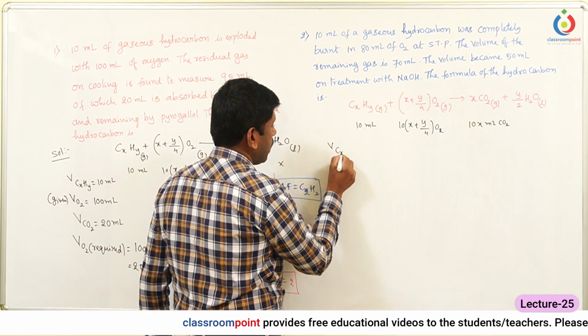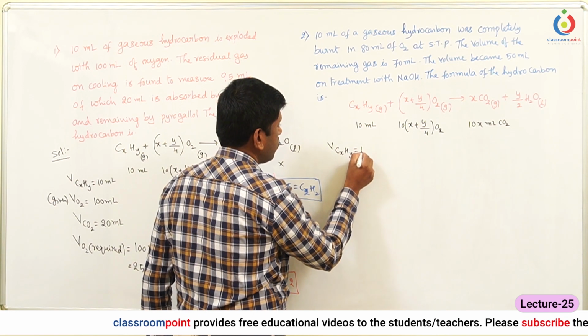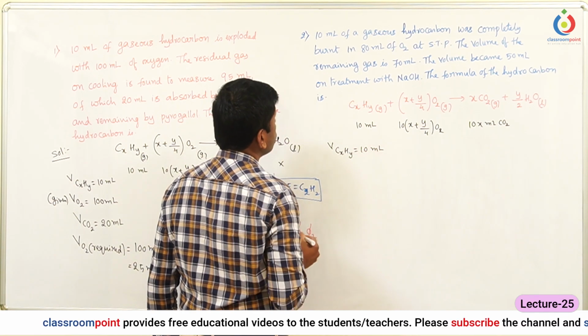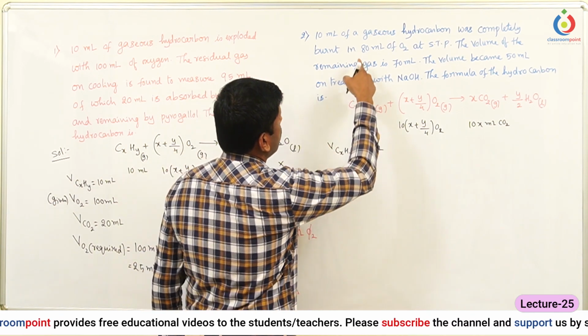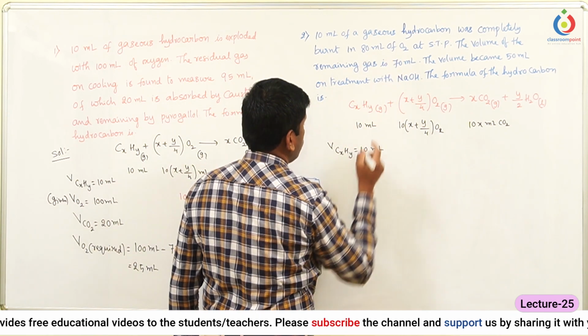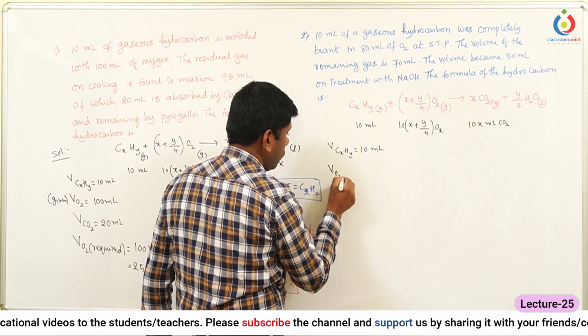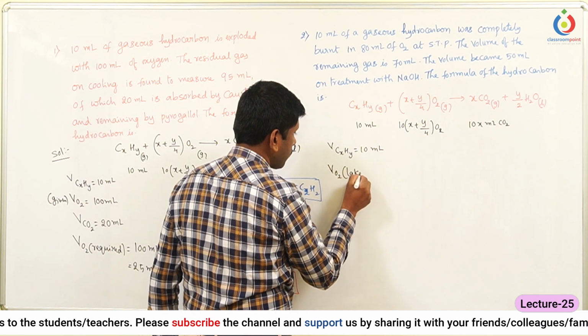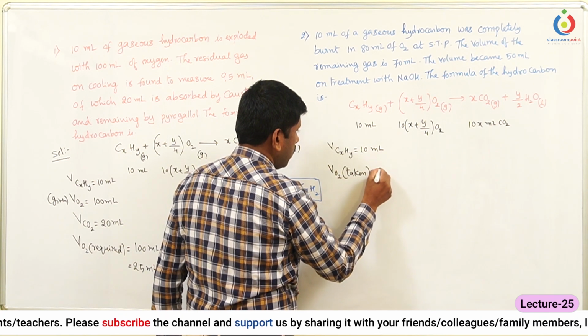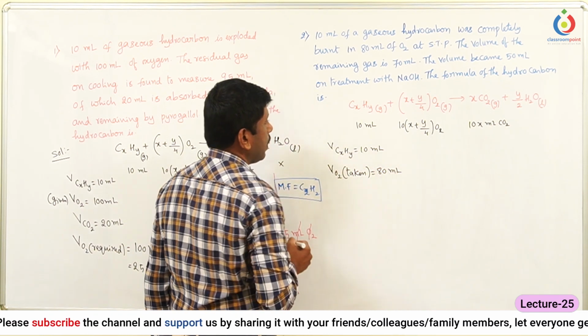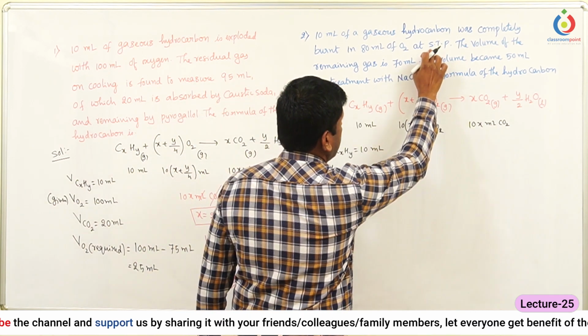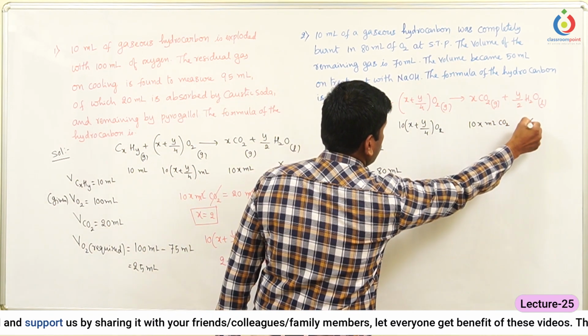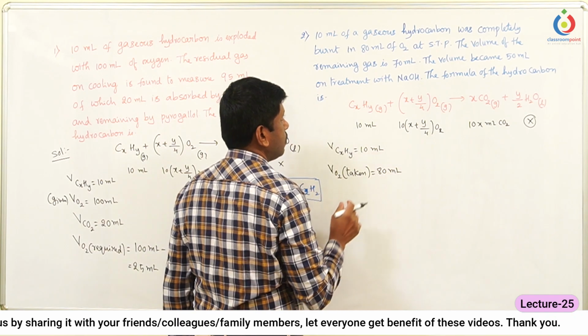Volume of the hydrocarbon CxHy is 10 ml, burned in 80 ml of oxygen. So the volume of O2 taken is 80 ml. At STP, the volume of H2O is not necessary to consider.